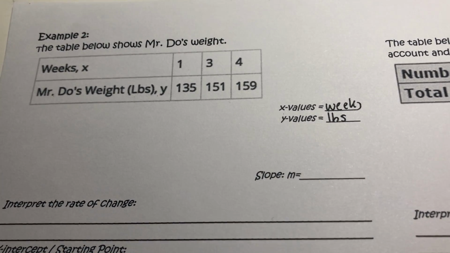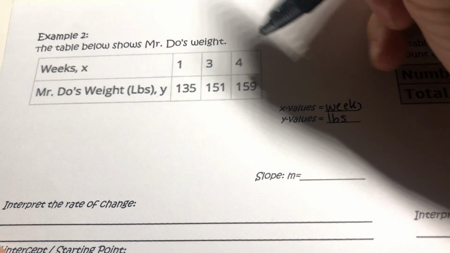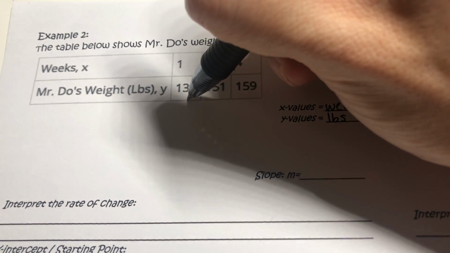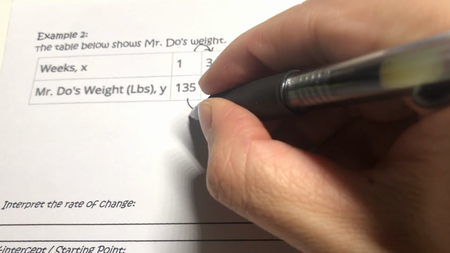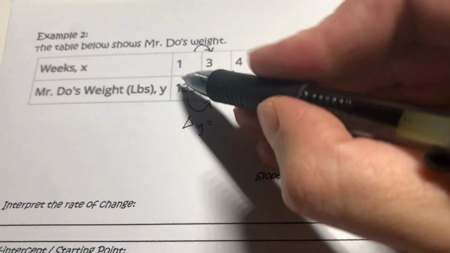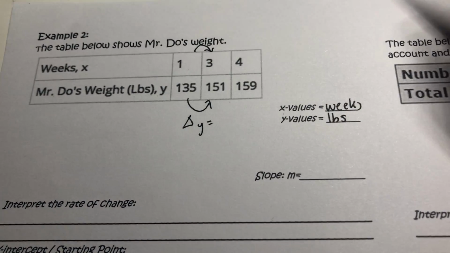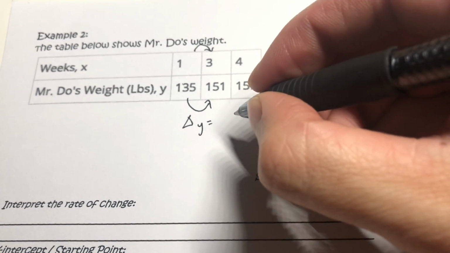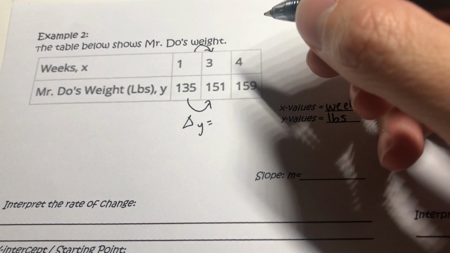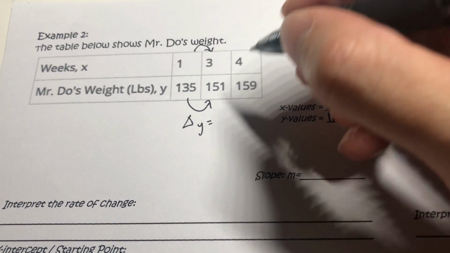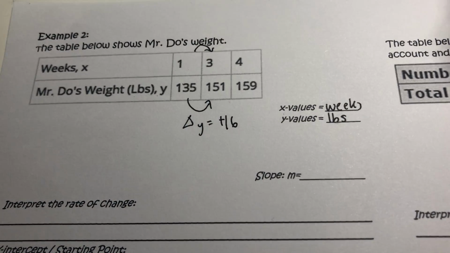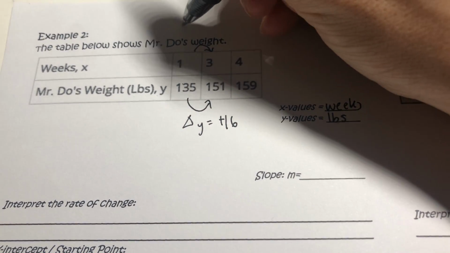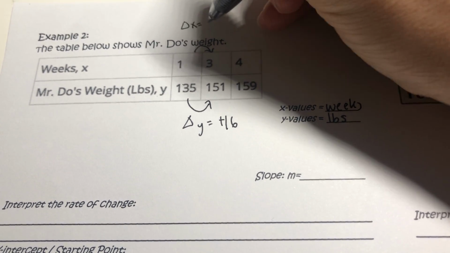Let's go ahead and find the slope. So the slope, remember we do delta Y over delta X. My delta Y in this case will be from 135 to 151. That's going to give me a delta Y of, I think that's plus 16. I can do math in my head. And my delta X from 1 to 2 is plus 2.